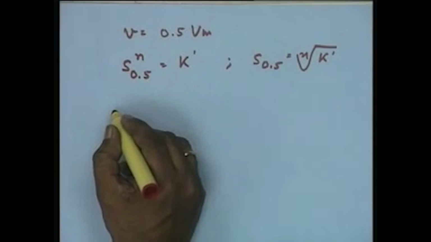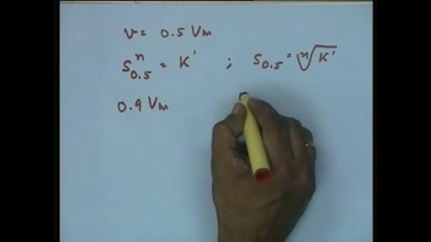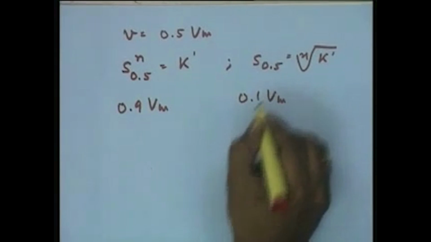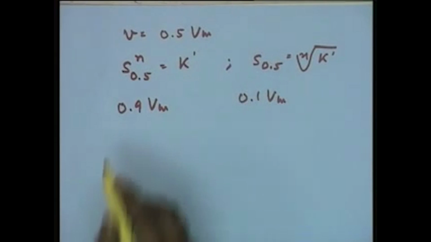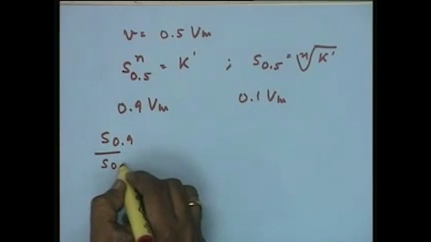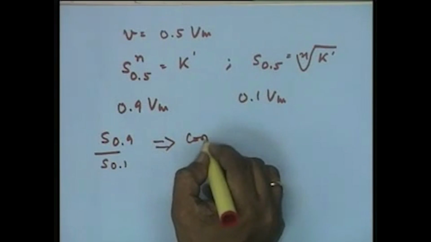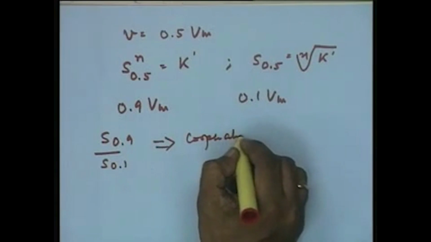As a conventional practice, we take the two reaction velocities at 0.9 Vm and 0.1 Vm, that means 90% and 10%, and the ratio of the two, S0.9 upon S0.1, is conventionally called the cooperativity index.